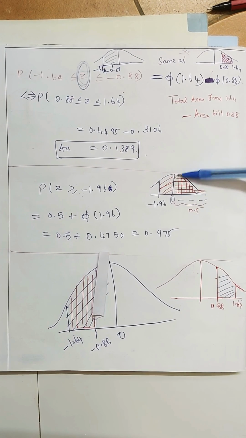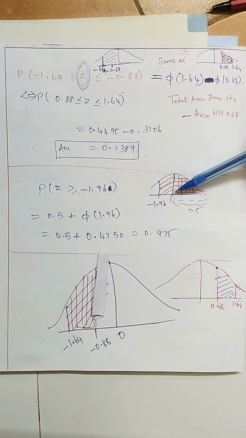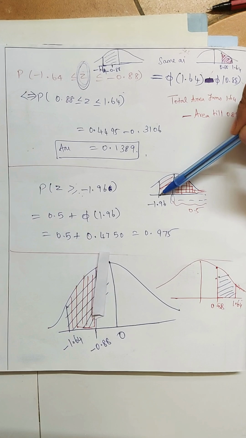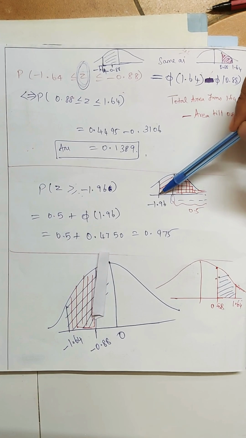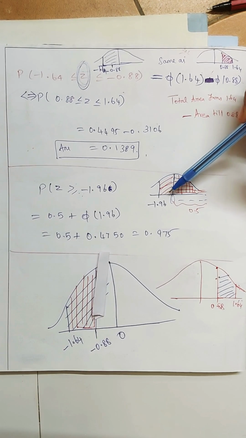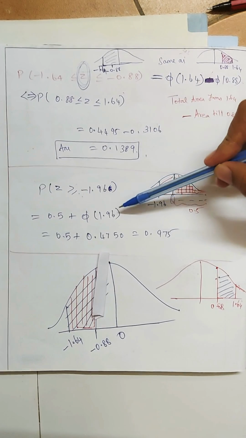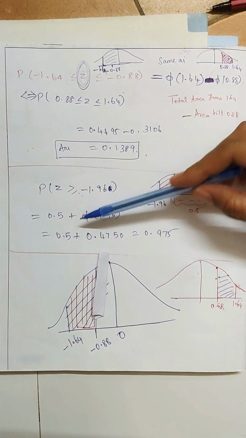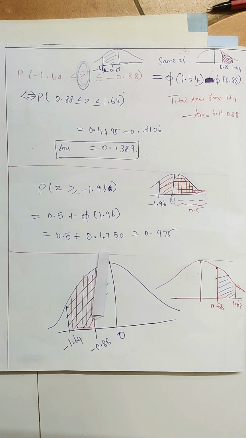So what is the complete right hand side area? 0.5 plus the area from 0 to minus 1.96. Correct? So this right hand side is 0.5 plus 0 to minus 1.96. So 0 to minus 1.96 is the same as 0 to 1.96. So directly we have written it is the area from 0 to 1.96, 0.5 plus. So you got this.